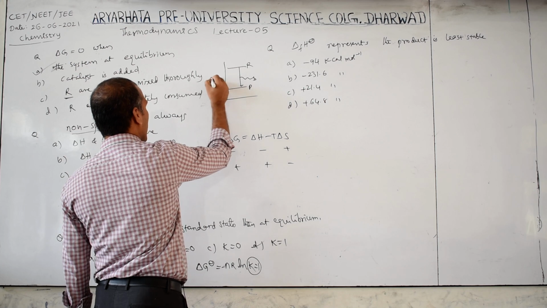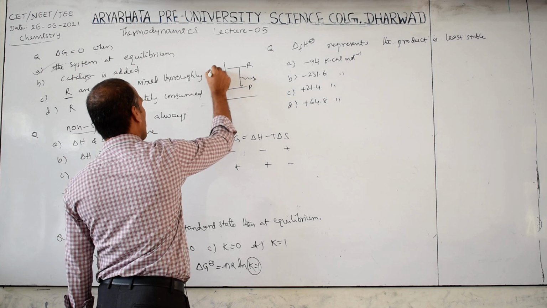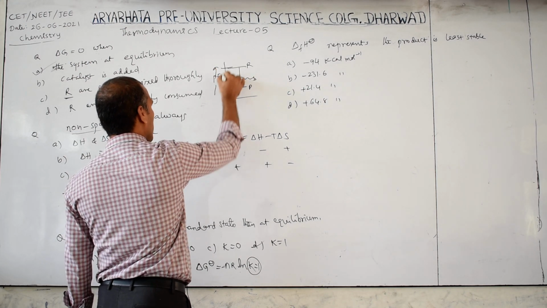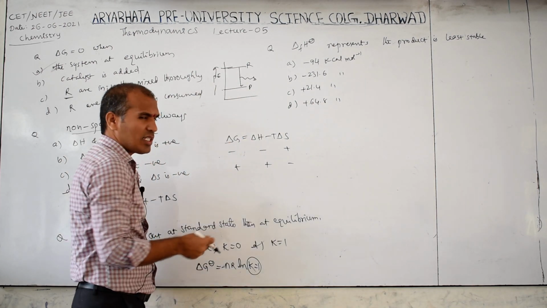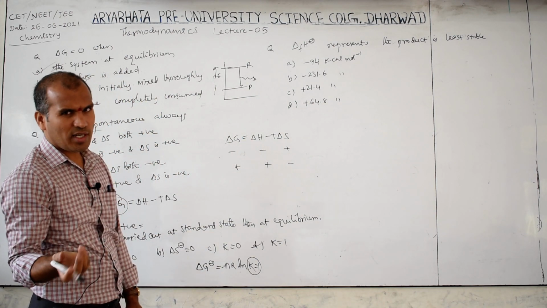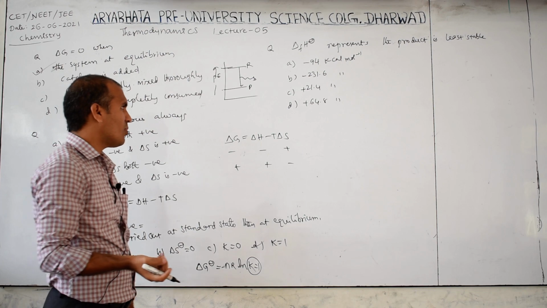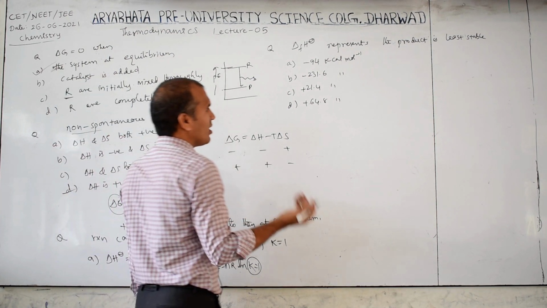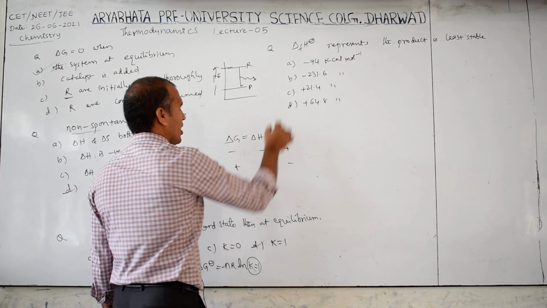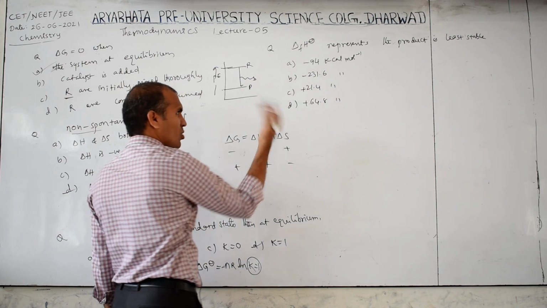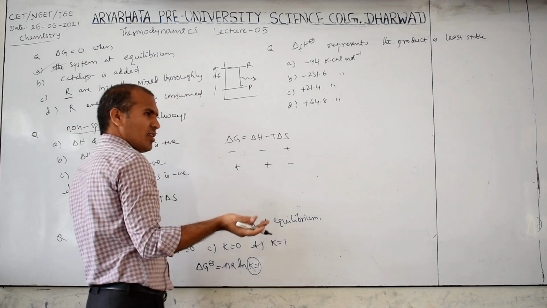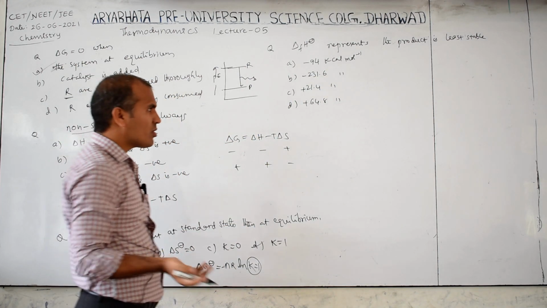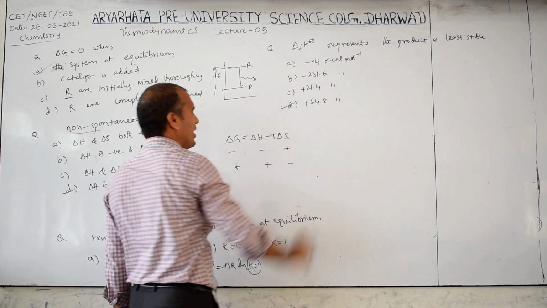In this potential energy diagram, at higher energy it is less stable, at lower energy more stable. That's why exothermic products are more stable, and endothermic means less stable. Therefore these two negatives are more stable, these two positives are less stable. But the more positive is the least stable, therefore D is the correct answer.